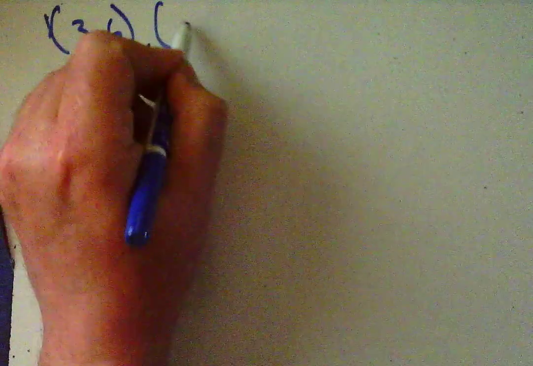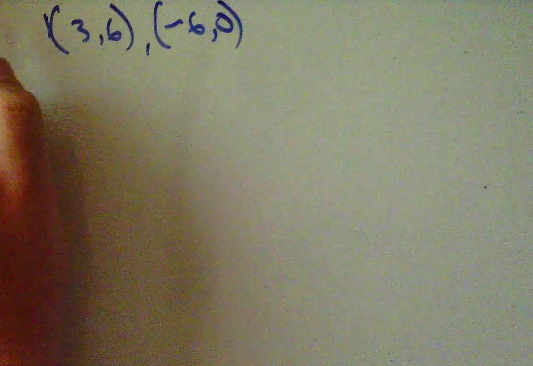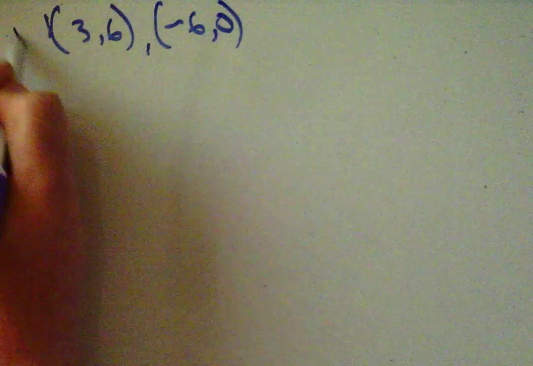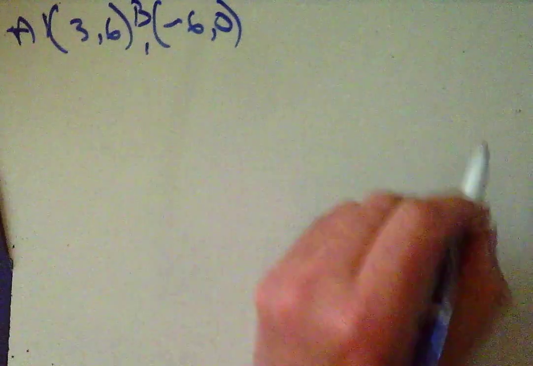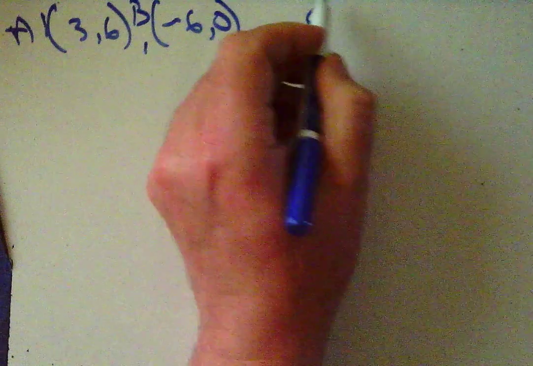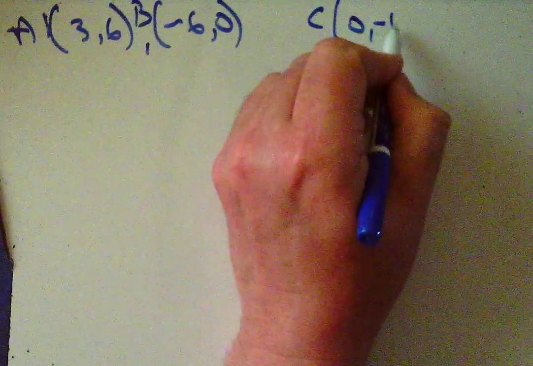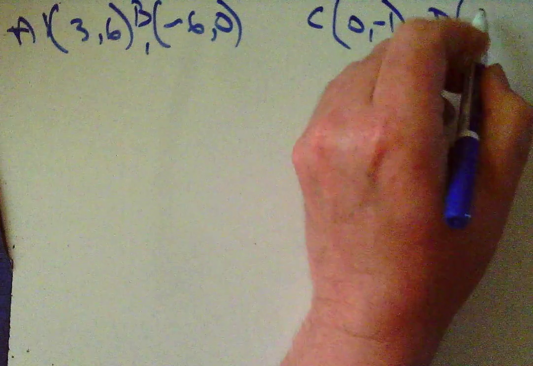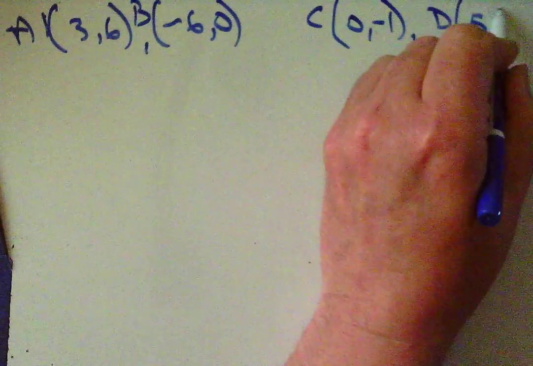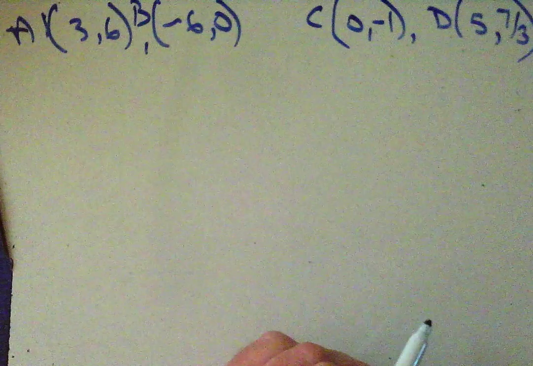Okay, so I've got ordered pairs A: 3, 6 and B: negative 6, 0. And I've got C, which is 0, negative 1, and D, which is 5, 7/3.